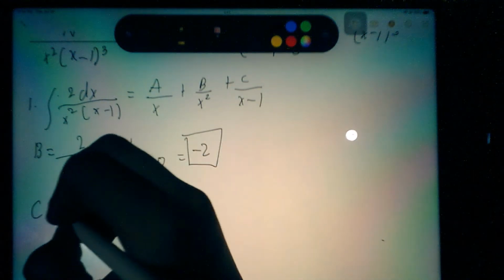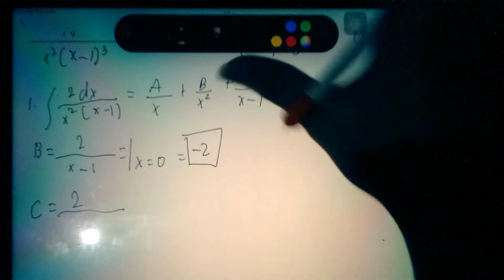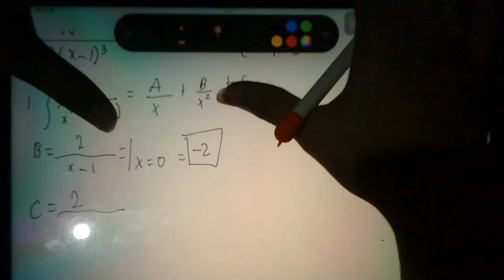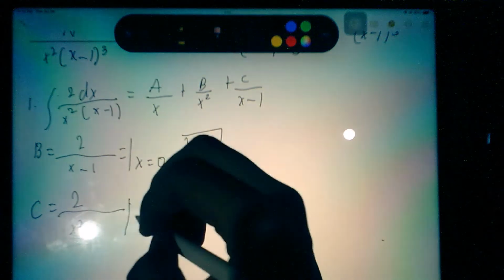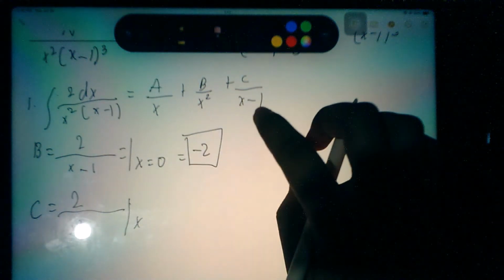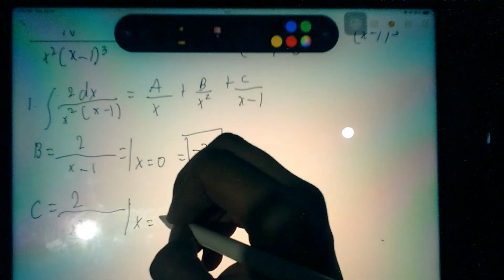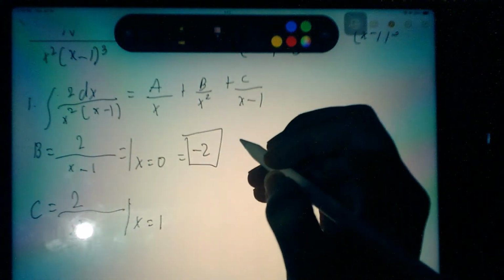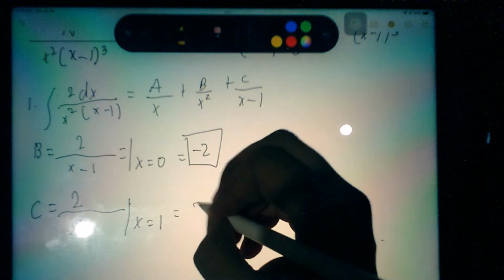And now for C, we have 2 over, by covering up this and this, what will be left is x squared. Now x minus 1 is just 0, so x is 1. So 2 over 1 squared is just equal to 2.